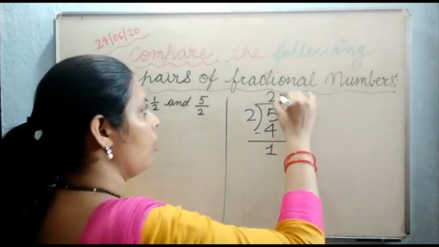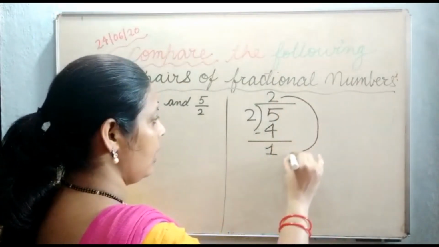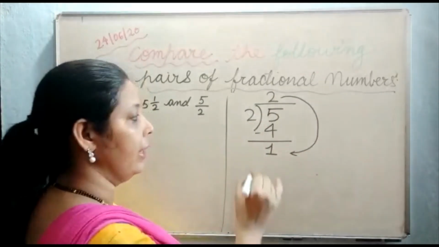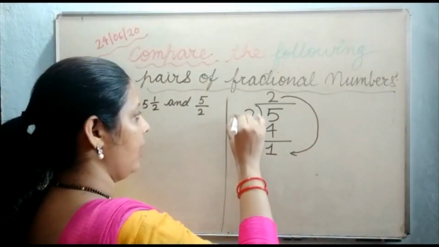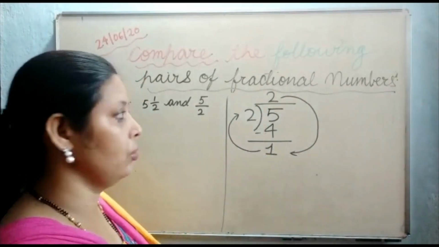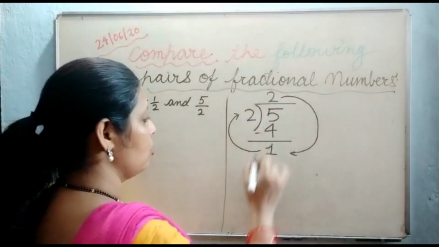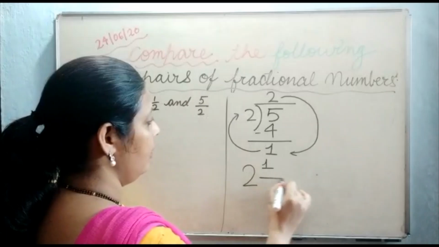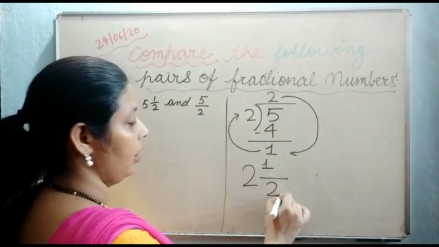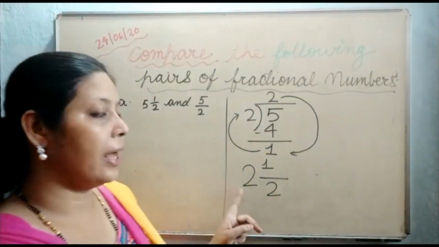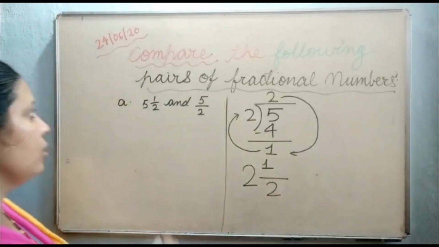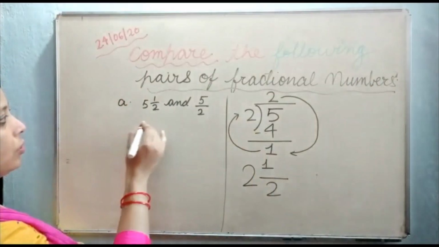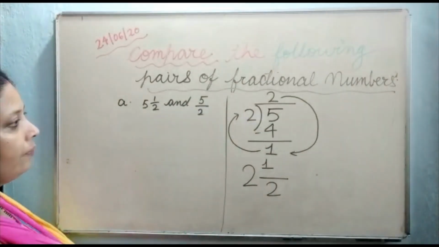So we go clockwise. First we take 2 and then we go to remainder 1 and then we take 1 and then go to divisor 2. So the fraction is 2 is a whole number, 1 is numerator and this 2 is denominator. So this is converted to 2 and half.